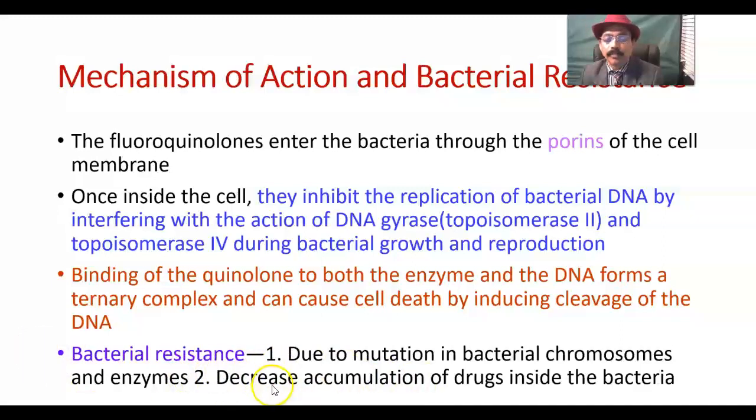So, prevented accumulation and mutation in the bacterial chromosome and enzymes like DNA gyrase and topoisomerase IV. These are mutated. So this is the way of bacterial resistance.